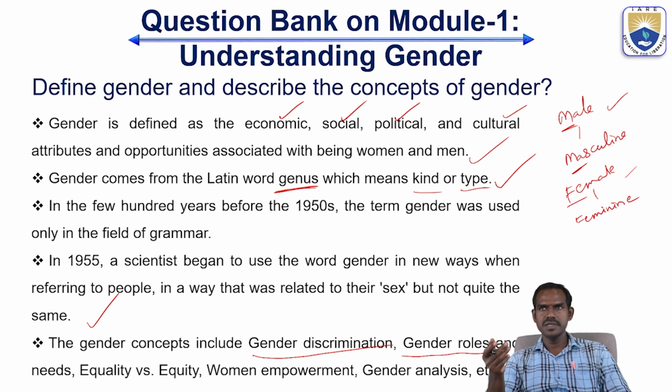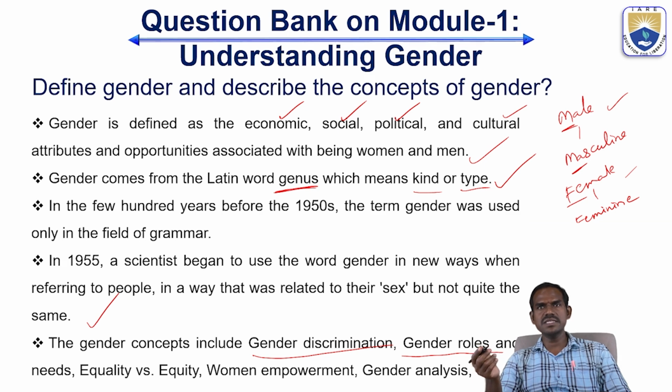And since female is characterized by feminine nature, the soft works, not related to weightlifting or any hard things, like sitting on a computer and typing, housework, caring for children. Like that, society has assigned gender roles. Then gender roles and needs, what males need, what females need.